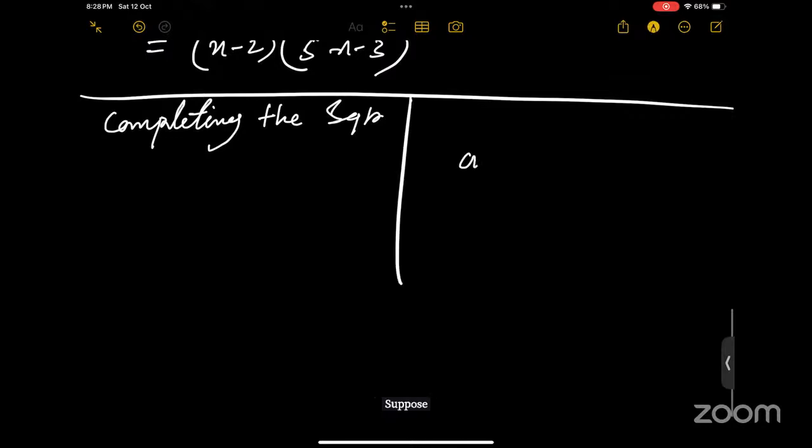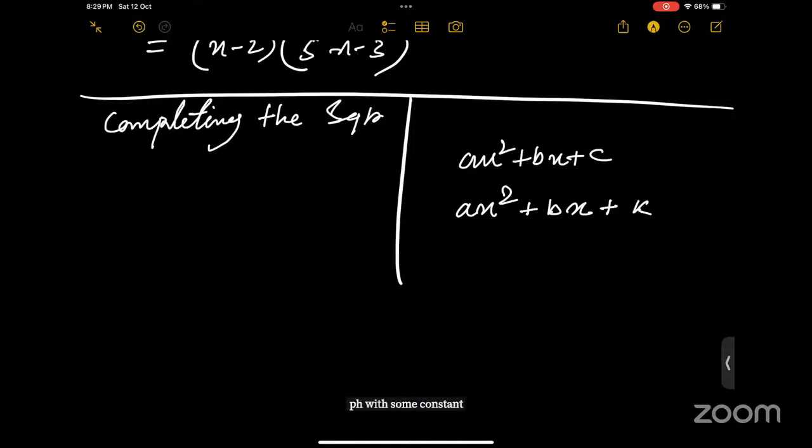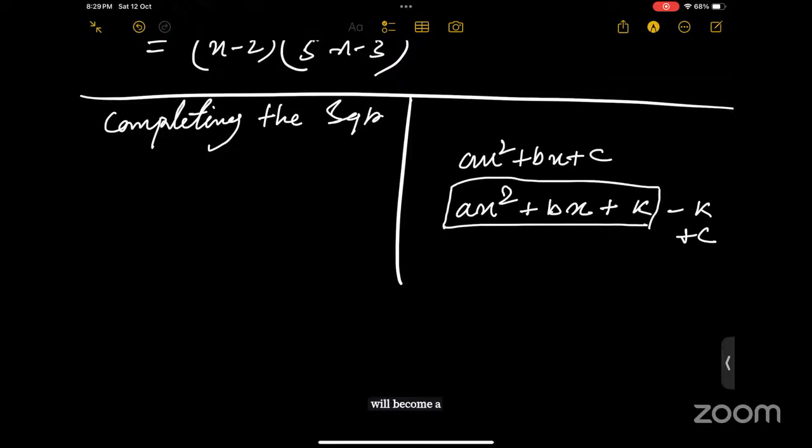Suppose we have ax squared plus bx plus c. This is the standard form of a parabola. We can express it by adding some constant k and then subtracting k, and we choose k in such a way that it becomes a perfect square.